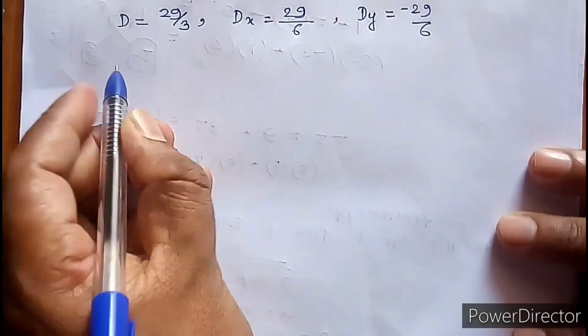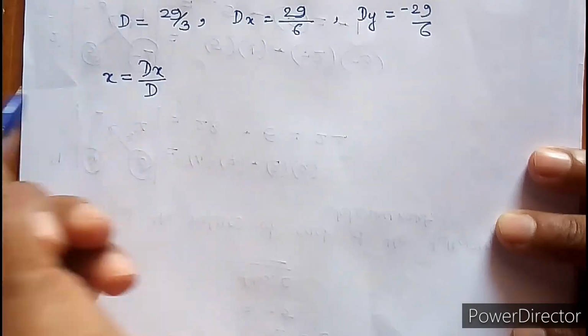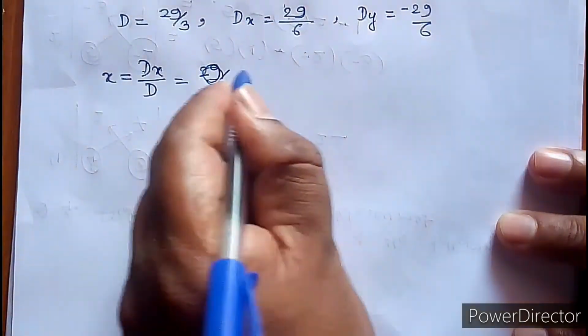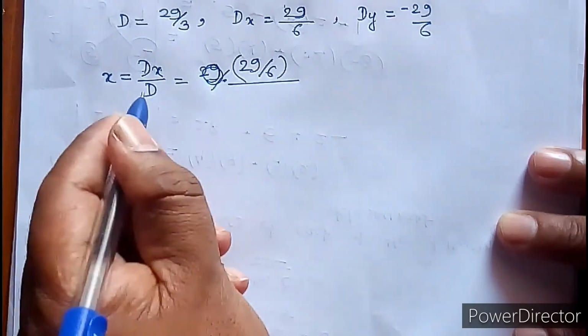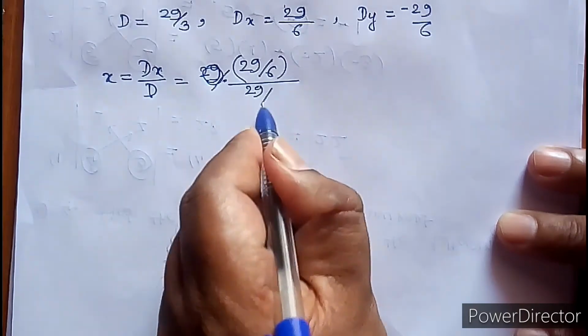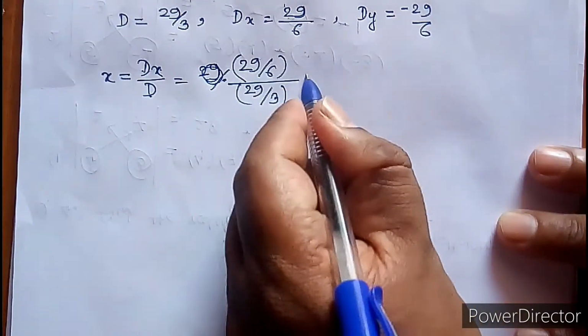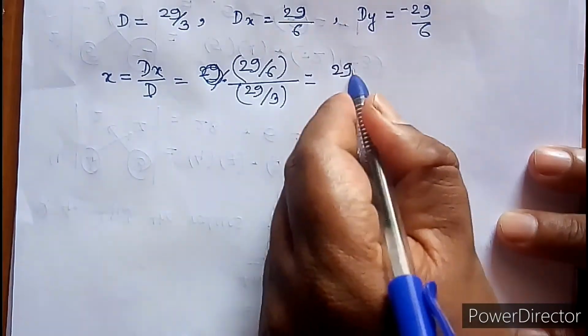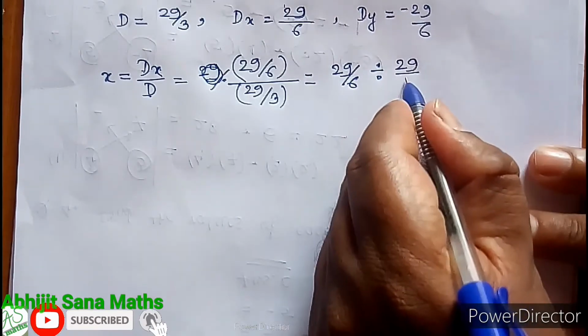Now we have to find the value of x, that is x equals to dx by d. This is the formula of x. The value of dx is 29 by 6. Therefore write down here 29 by 6 in the numerator divided by d. The value of d is 29 by 3 in this denominator. Now on solving this equals to 29 by 6 divided by 29 by 3.